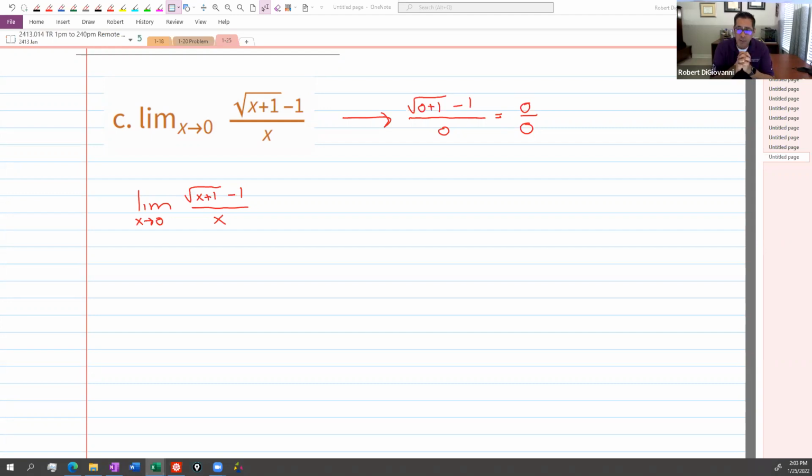So in the previous two problems, we factored. We used difference of squares on the first one. We used difference of cubes on the second one. And for this one, what do you do? Do y'all agree there's nothing natural here that is staring at you going, oh, please factor me?